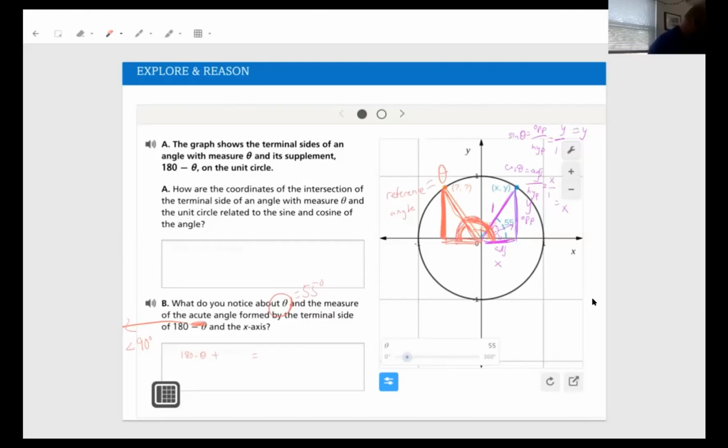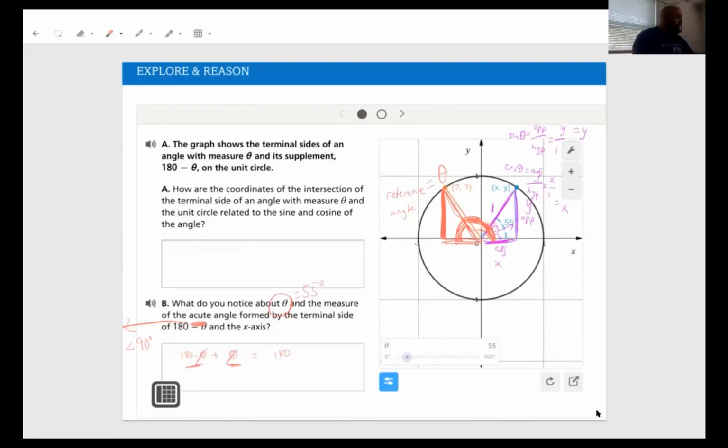Well, what could I add to this thing right here? What can I add to that to get 180? Well, if I have 180 minus theta, if I just add theta to it, my two thetas cancel out, and I get 180 equals 180. So what do you notice about angle theta and the measure of the acute angle formed by the terminal side and the x-axis? They're both equal. The reference angle is equal to the original angle theta.